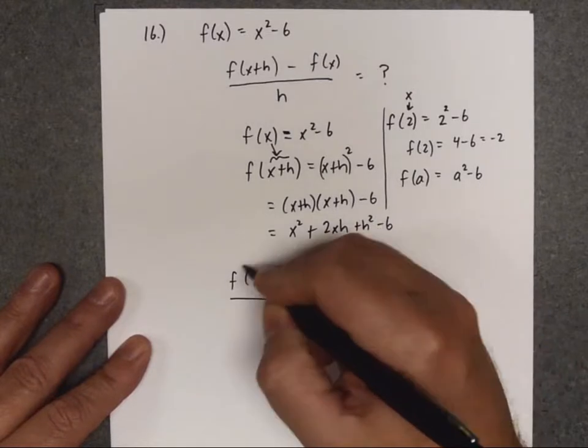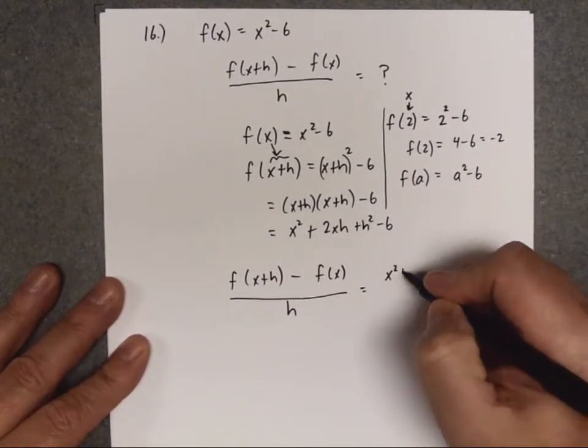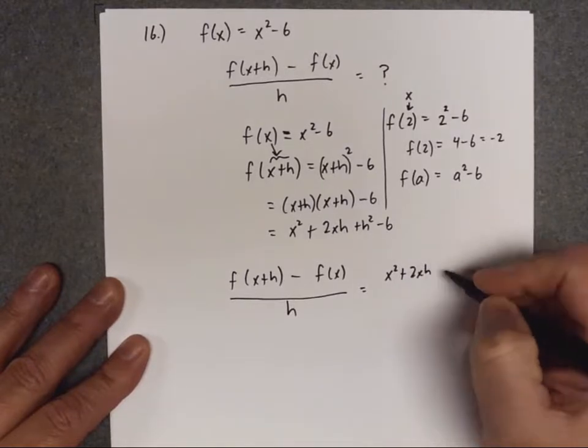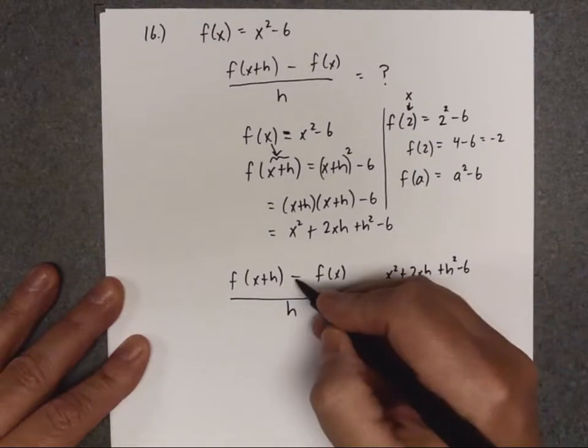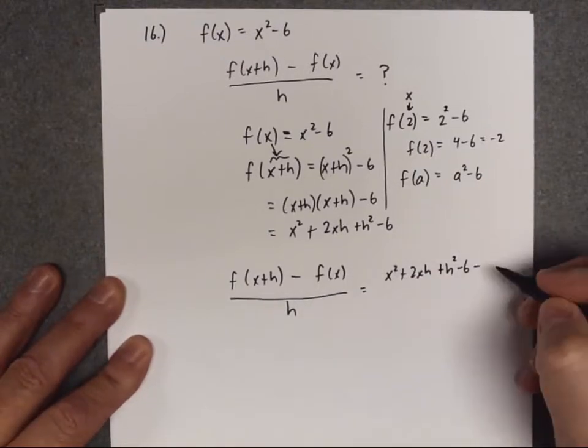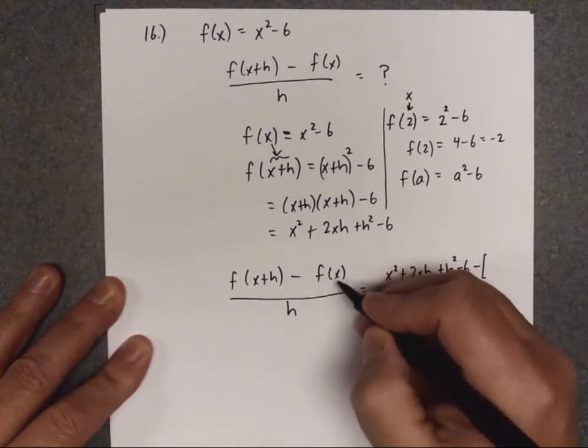But anyway, so f of x plus h, we've already figured that out. It's x squared plus 2xh plus h squared minus 6, minus, now I'm going to put this in brackets because I'm subtracting f of x.